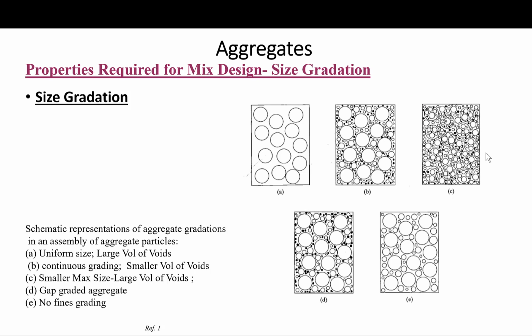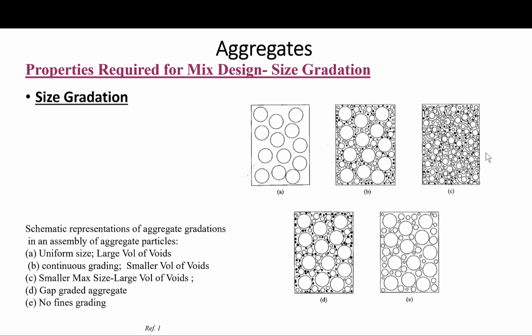But as we will see later, for a given maximum aggregate size, there's a theoretical grading curve for minimum void space that can be worked out using simple geometries, as I mentioned. Such size distributions do not give a workable concrete.